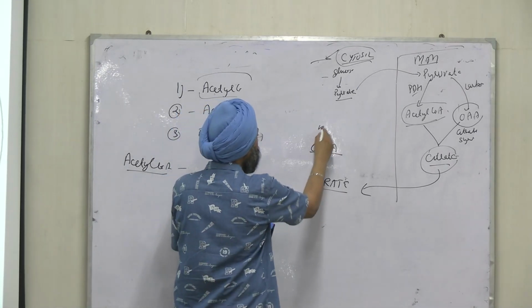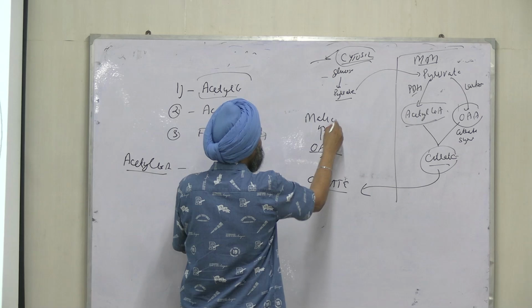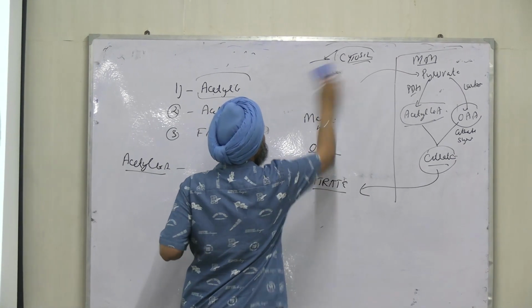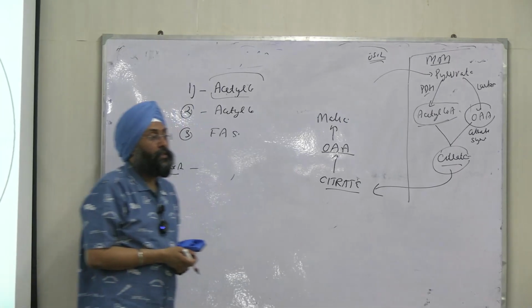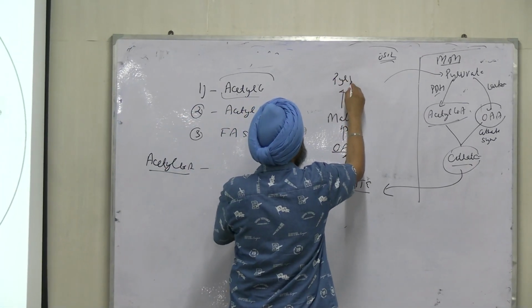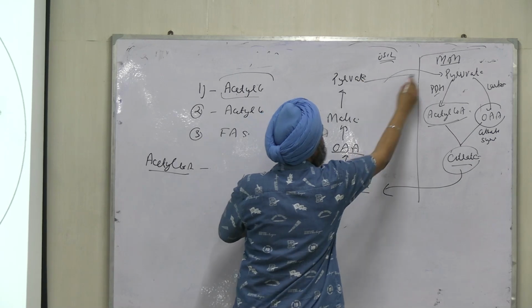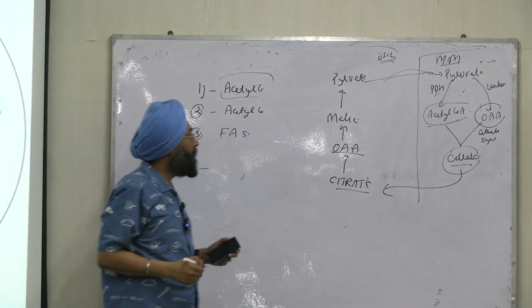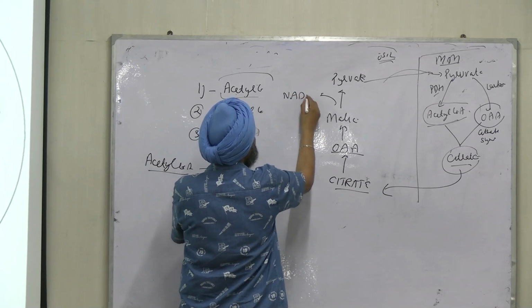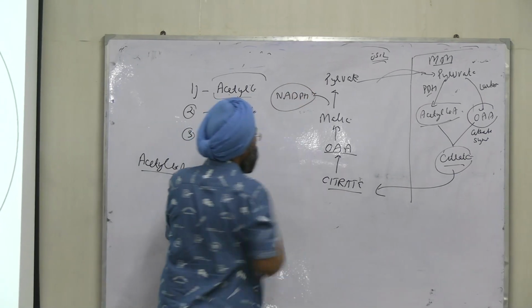Oxaloacetate will convert into malate, and by malic enzyme it will form pyruvate. Now pyruvate formed is regenerated by this reaction as well, right? And in this reaction we also get our reducing equivalent, that is NADPH, right?